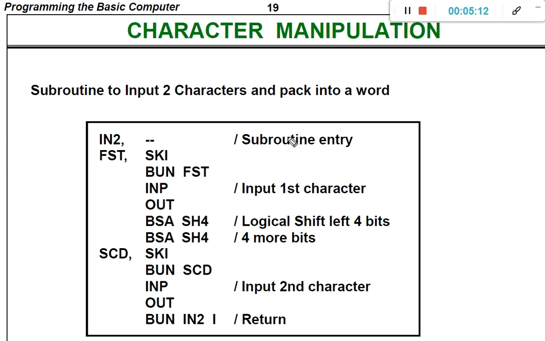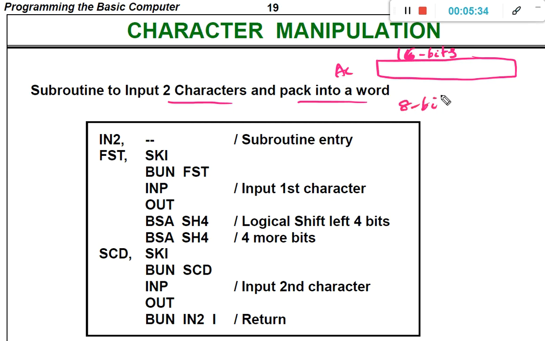The next topic is writing the subroutine code to input 2 characters and pack them into a word. So what is the necessity? The necessity is we have seen that the accumulator register contains 16 bits. However, a character needs only 8 bits.